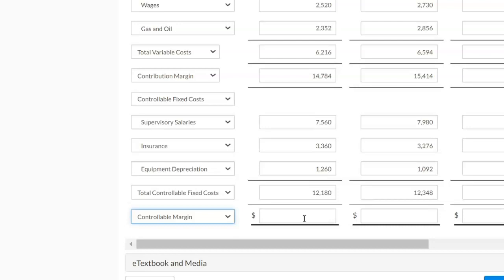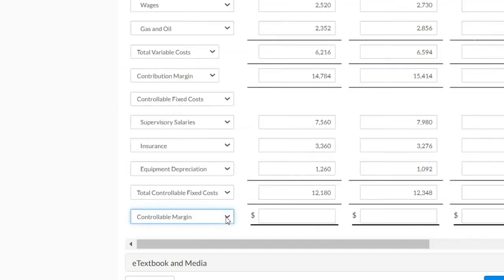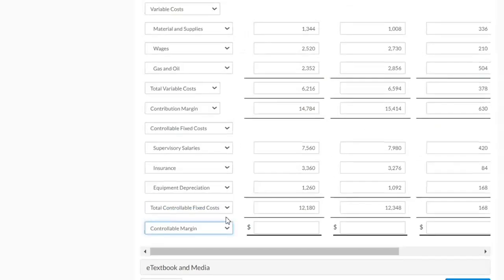So controllable margin would be, no, total controllable fixed cost. You got that? Yes, we did it. Just controllable margin. There you go. So subtract the controllable fixed costs from contribution. So this is a new term, controllable margin.